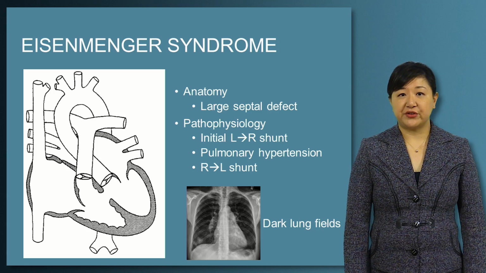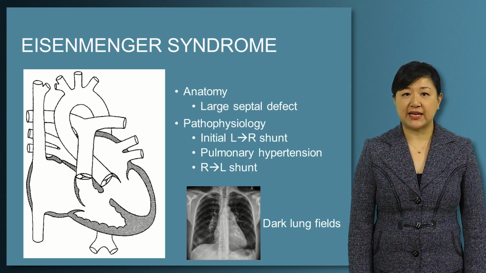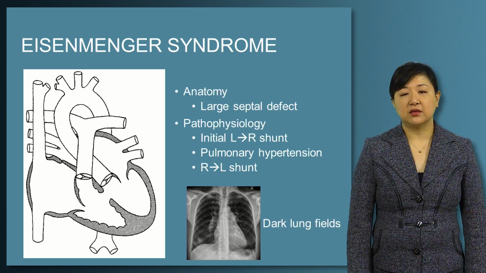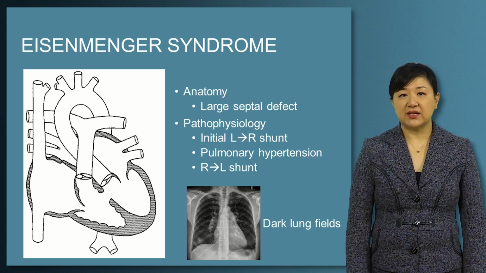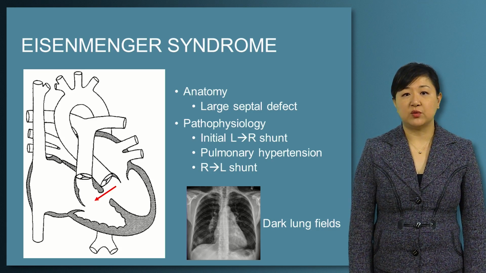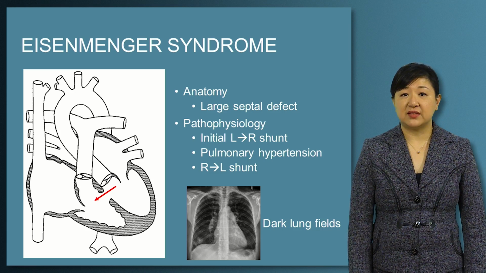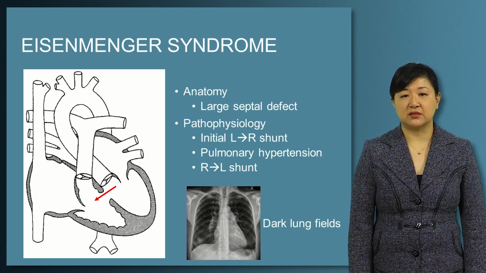Eisenmenger syndrome is another example of right to left shunting. This occurs when you have a long-standing left to right shunt, develop pulmonary hypertension, and there's a reversal of flow. Let's take an example of a large VSD. Initially, the VSD will shunt left to right because the pulmonary vascular resistance is lower than the systemic vascular resistance.